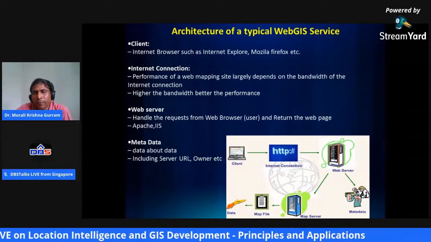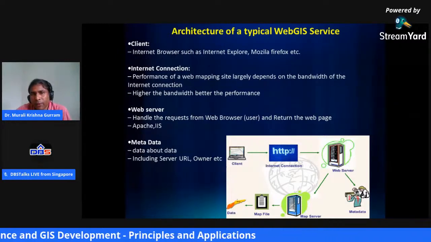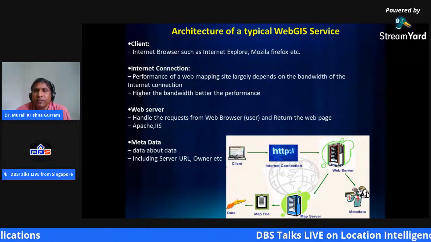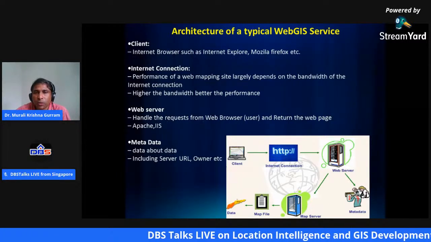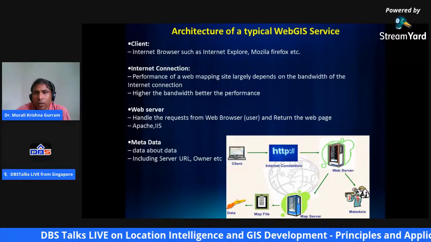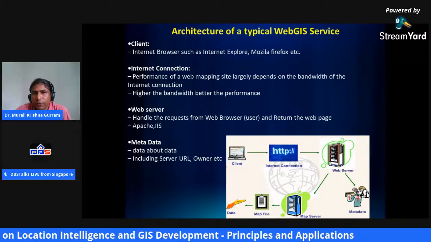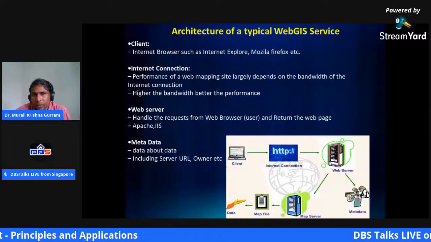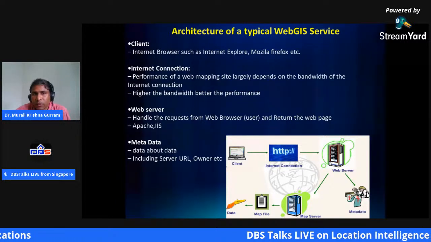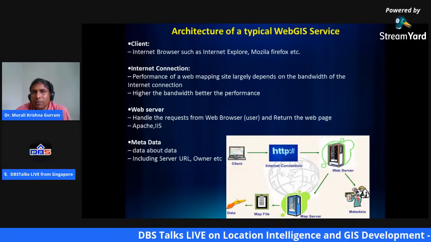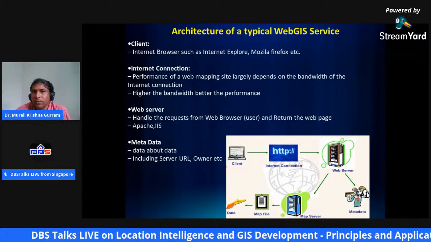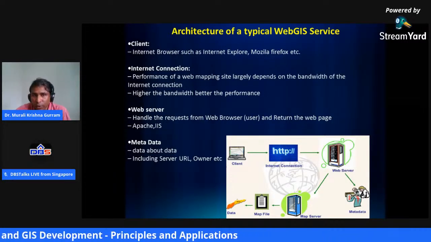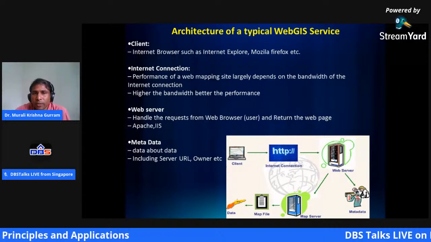When you take a close look at a WebGIS service, because we are talking about WebGIS now, what you actually see is a client, that means the user. The user is nothing but an internet browser, where you view the content, and you need to have an internet connection. That is a basic thing.